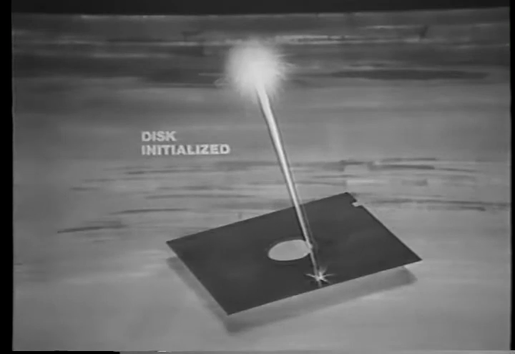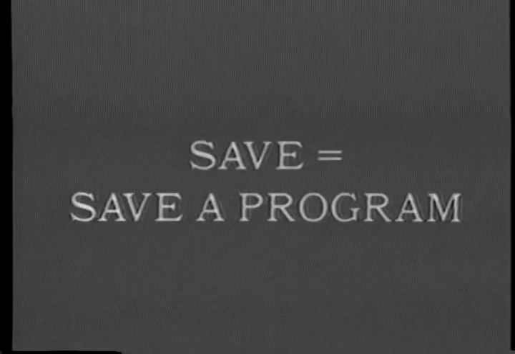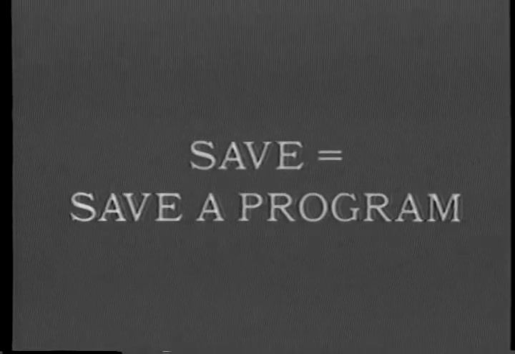After a diskette has been initialized, it can become a data diskette. Save is the command used to save a program that's in the machine. And load is the command that brings a program or file from a diskette into the machine. Also, you'll learn the run command, and that causes a program to be loaded into the machine and go into action.